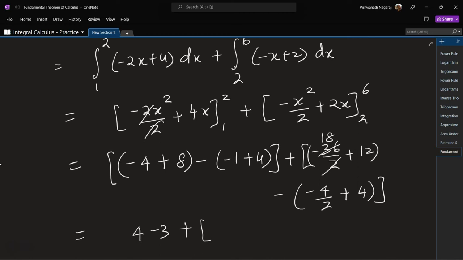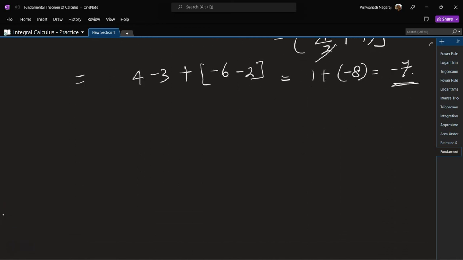Minus 18 plus 12 is minus 6. And this would be 2 twos, so 4 minus 2 is 2. So minus 2. Which gives us 4 minus 3, 1. Plus this would be minus 8. 1 minus 8 is minus 7. So that is the integral.